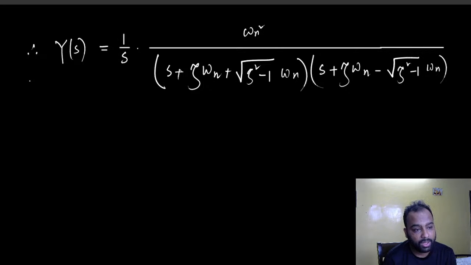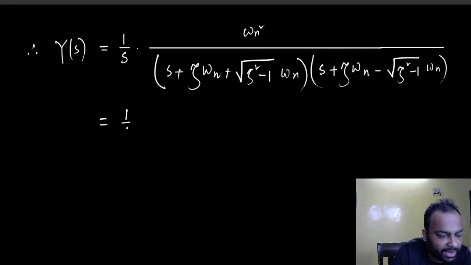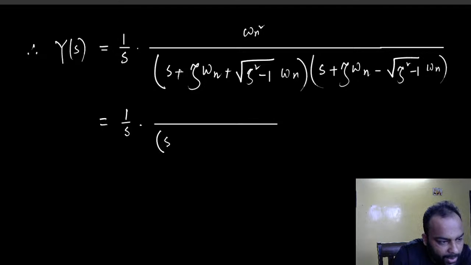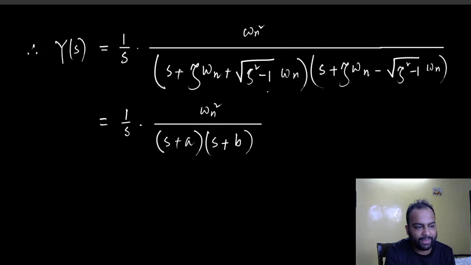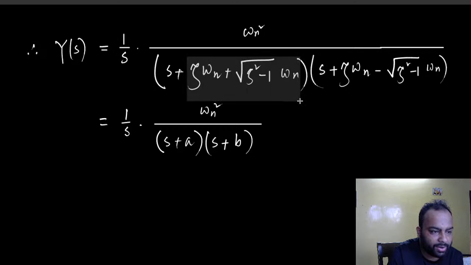All right, so let's do a simplified calculation. Let's assume a few things so that our calculation is at least doable, right? So I'm assuming this to be a and this to be b, and this to be omega n square. So keep that in mind.